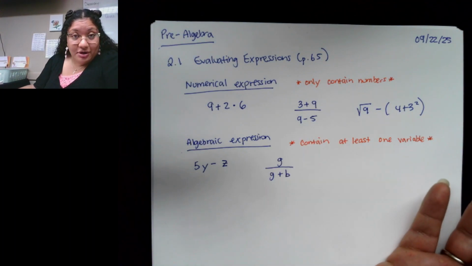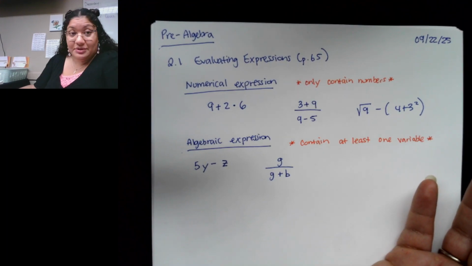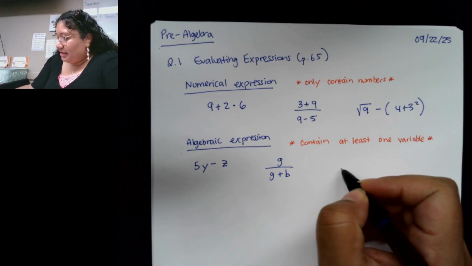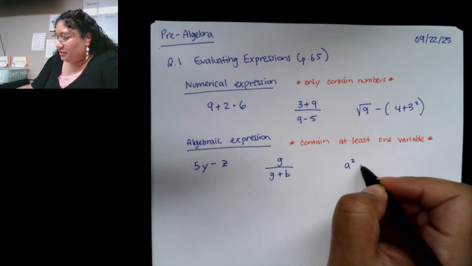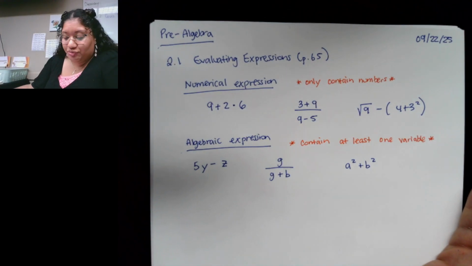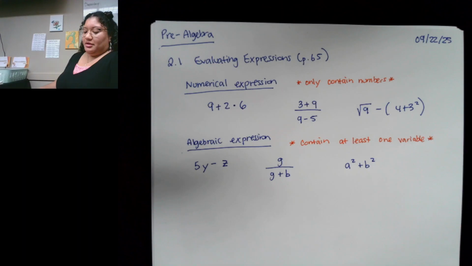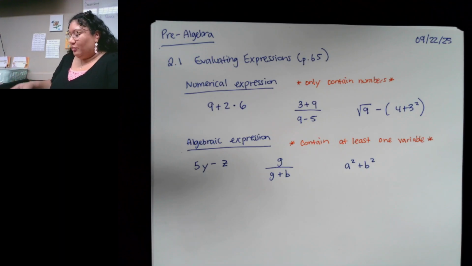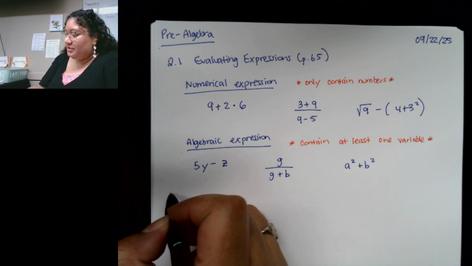All there is are variables. That's an algebraic expression. And then a squared plus b squared. This is also an algebraic expression. Okay, so then how do we work through these? What do we do? Well, let's do an example.